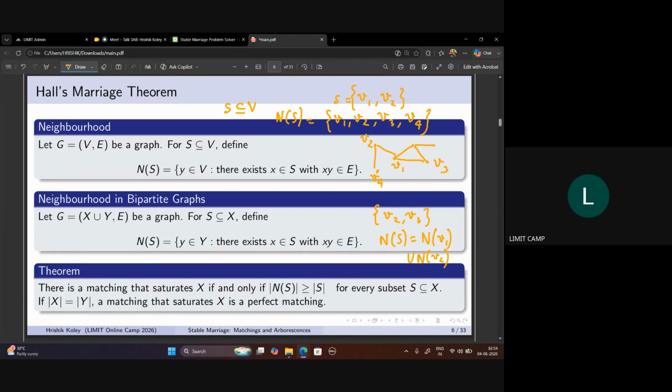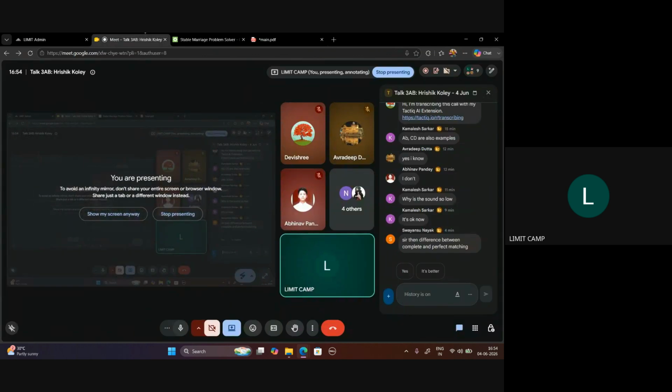Now, from the definition of bipartite graphs, it should be obvious that in bipartite graphs, if you take S to be a subset of X, then N(S) would strictly be a subset of Y. Does that make sense? Yes.